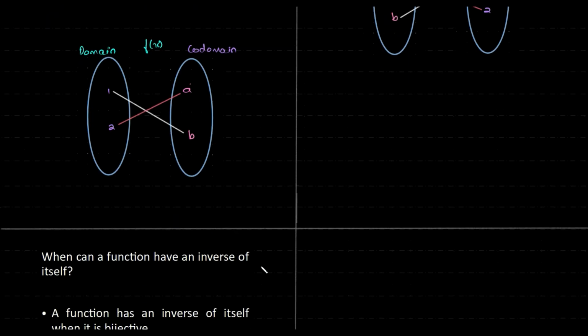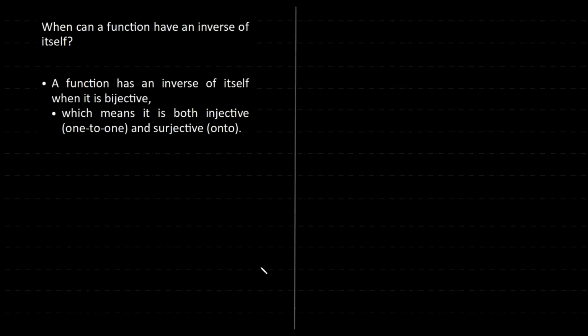One thing we have to keep in mind is that not all functions can have an inverse function. So what is the condition? A function needs to be bijective to have an inverse function. If you remember, it is nothing but a function that is one-one and onto.